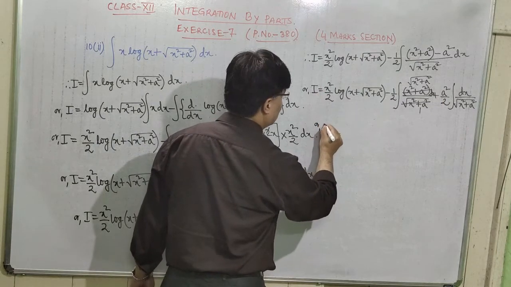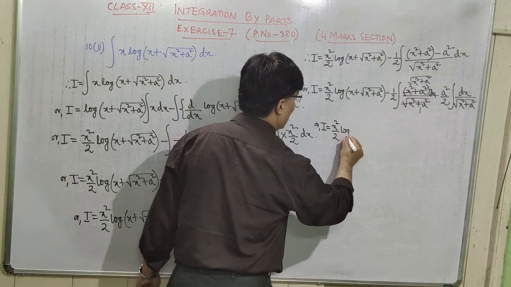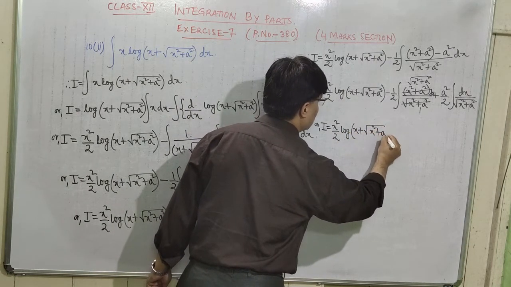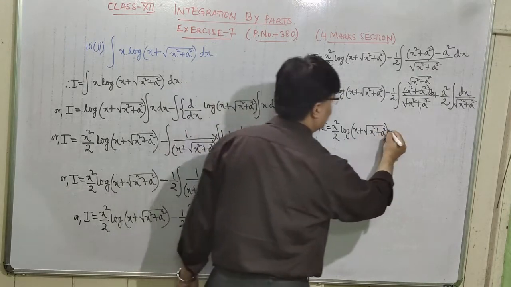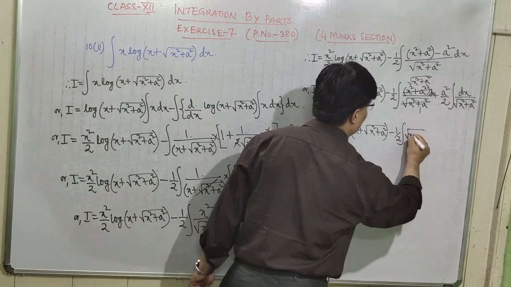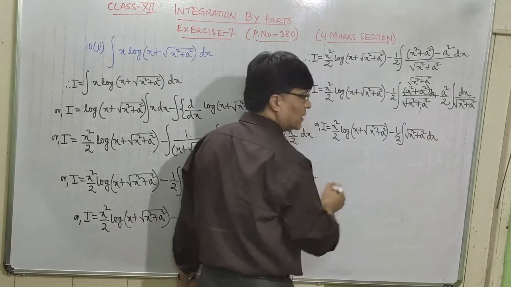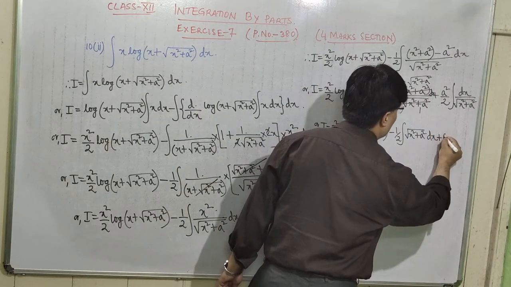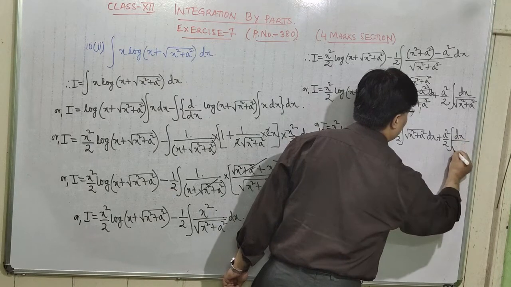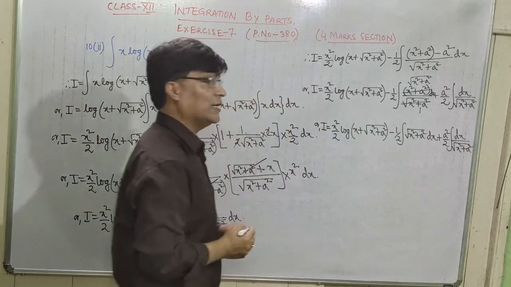So what is I now? This is x square by 2 log within bracket x plus root over x square plus a square, minus half integral root over x square plus a square dx, plus a square by 2 integral dx divided by root over x square plus a square.